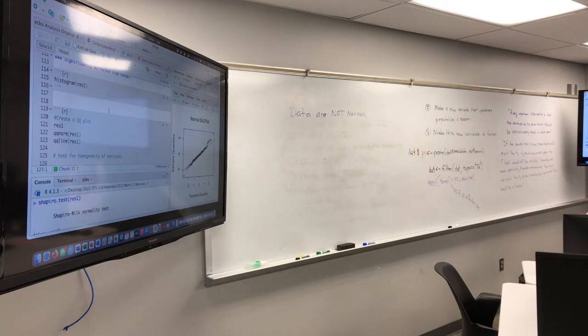Orange tab. What do you got? When I run my histogram, it looks like this. Oh, that's weird. Not histogram model 1, histogram res 1. I changed it back. Oh, that's weird. Try that. I have no idea.